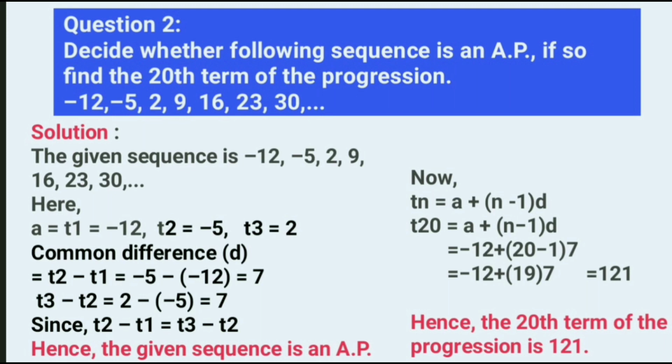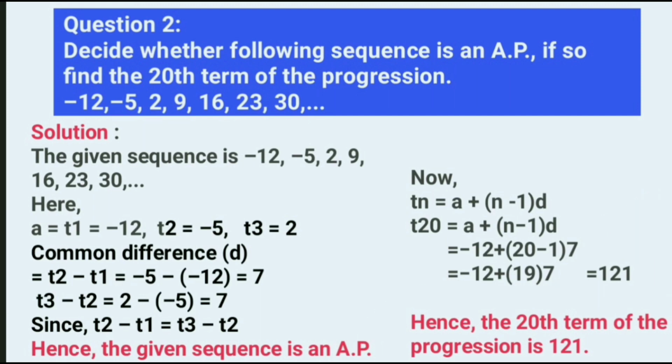So T20 is equal to A plus n minus 1 into D, that equals to -12 plus 20 minus 1 into 7 is equal to -12 plus 19 into 7 is equal to 121. Hence the 20th term of the progression is 121.